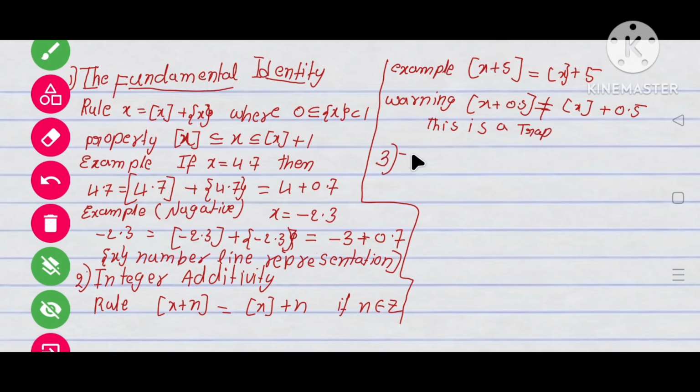Now move to the reflection property. Negative x. This property is most frequently tested in JEE limits and continuity.